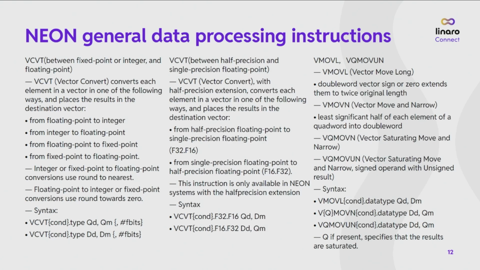They are two operand instructions, so we have a source operand and a destination operand. It's also possible to execute the instruction conditionally. I don't want to go into the details of all the instructions because the instruction set is quite large. We also have some move variation instructions.